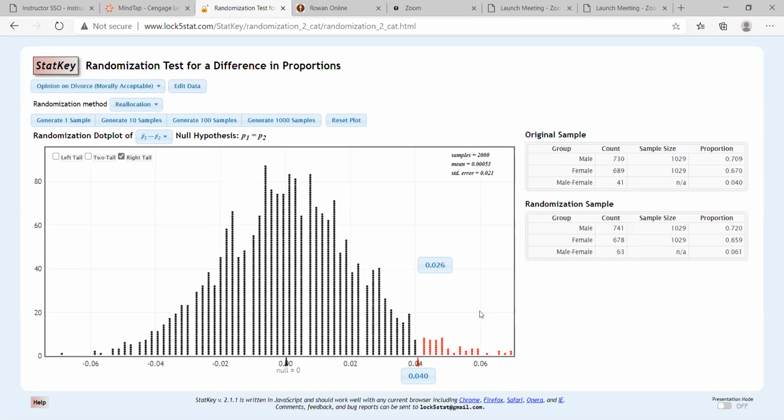0.01. Is 0.026 bigger or smaller than 0.01? Bigger. All right, so what's your decision? Do you reject or do not reject?